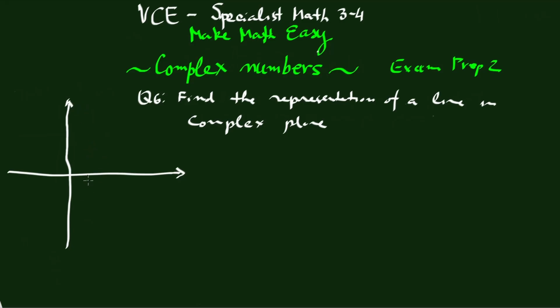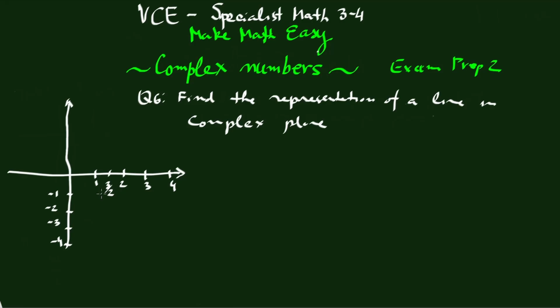Let's mark the numbers 1, 2, 3, 4, and here maybe 1, 2, 3, 4, and here is 3 halves. In here, same, 1, 2, 3, 4, and minus 1, minus 2, minus 3, minus 4.